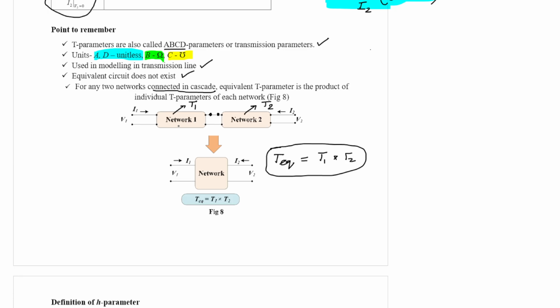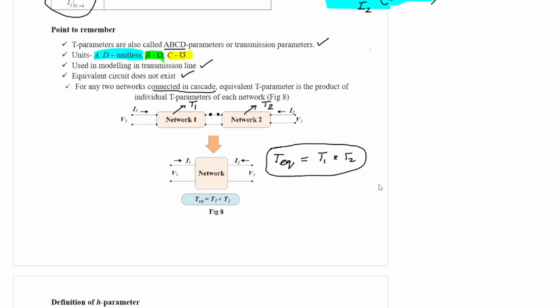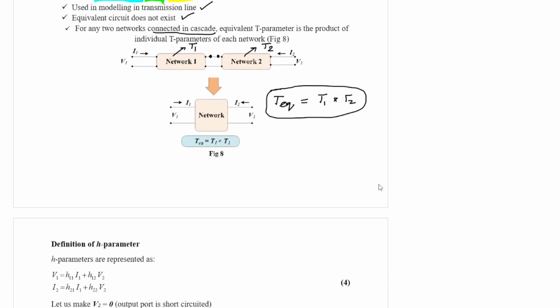So if you encounter two networks connected in this fashion, with network 1 having transmission parameter T1 and network 2 having transmission parameter T2, the equivalent network is the product of T1 and T2. That is a very important relation. We must remember this. We shall use these results in the near future to solve different types of problems.